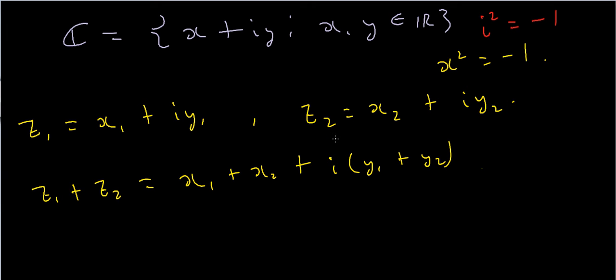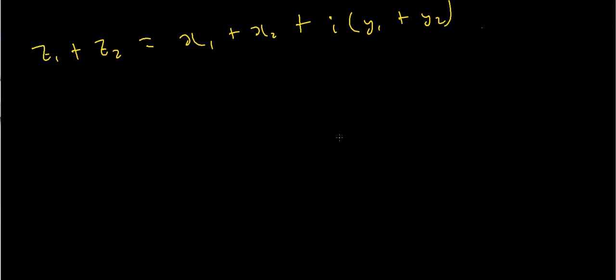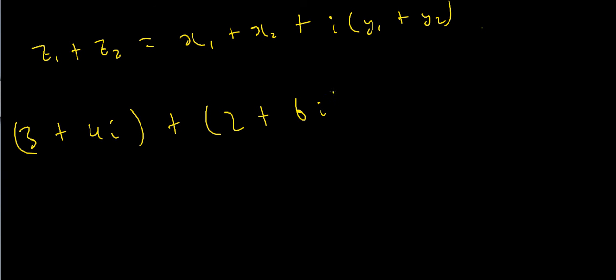Let's look at some examples. So let's try to add 3 plus 4i plus 2 plus 6i. What happens when I add these together? Well, if I put the real and imaginary parts together, this is the same as 3 plus 2, that's the sum of the real parts, plus 4i plus 6i.